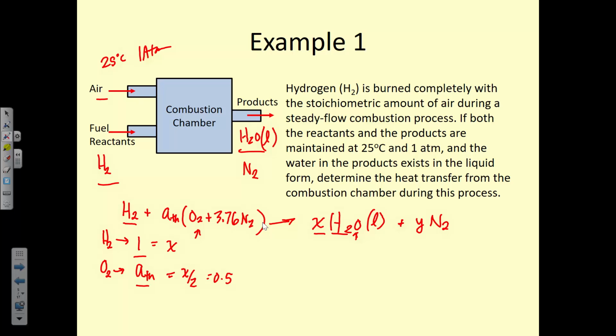And then for nitrogen, we have 3.76 times A theoretical is equal to Y. So 3.76 times 0.5, we get 1.88. So we could rewrite this equation, replacing A theoretical with 0.5, and then over here, we replace our X with just a 1, and Y is 1.88.